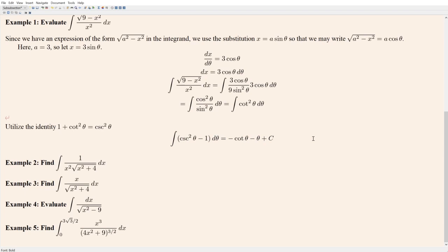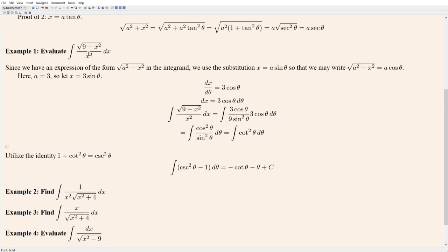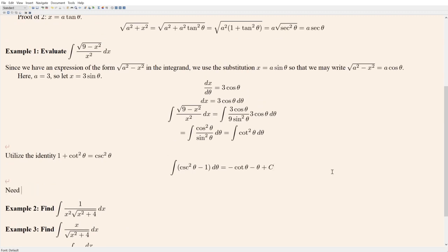So, we're not done yet, because our original integral was written in terms of x, so that means our final integral needs to be written in terms of x as well. So now we need to rewrite this to be in terms of x. Well, for the theta, that shouldn't be too hard, because x is equal to 3 sine theta.